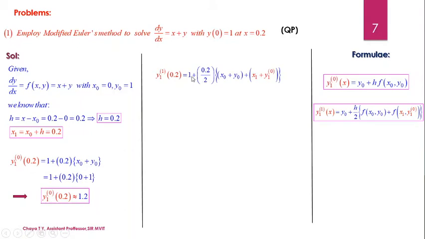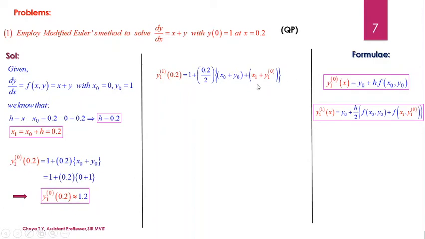So RHS becomes y0 is 1, h is 0.2 divided by 2. We know that f of x0, y0 is nothing but the given definition in terms of x as x0, y as y0. So I am going to write it as x0 plus y0, plus I have to substitute now f of x1, y1 from the 0th step.